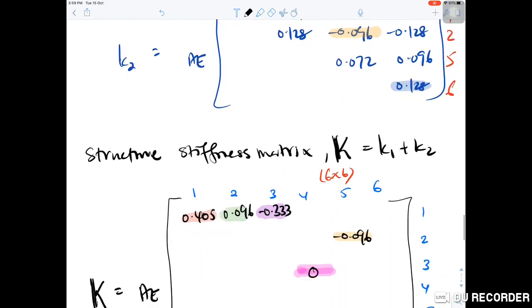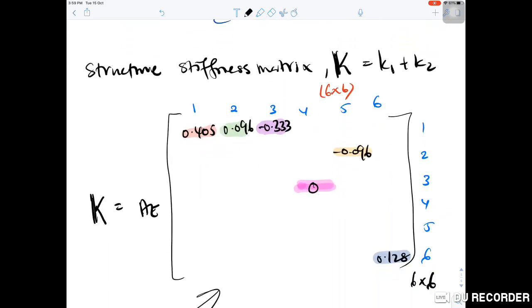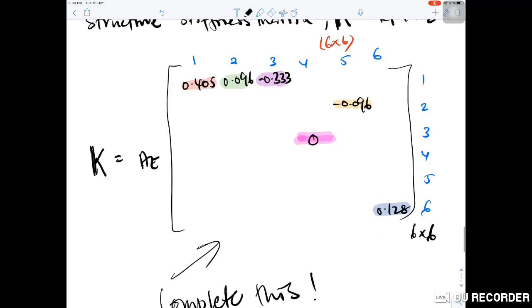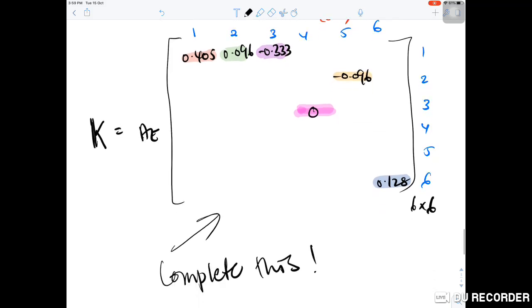We find the values of the structure stiffness matrix, which is 6 by 6, from K1 and K2. Try to do this.